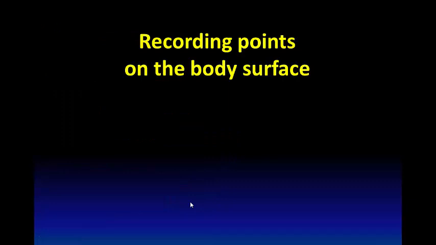So where on the trunk can we place the active electrode in order to record the electrical activity of the heart? We can place the active electrode on a very large number of points on the trunk.